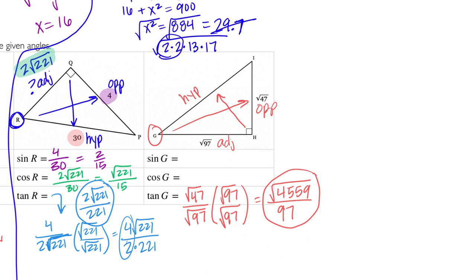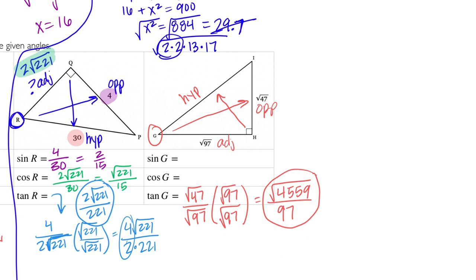That's what tangent is, but we can't leave the root 97 in the denominator. So we multiply it top and bottom. And on the bottom, root 97 times root 97 is a normal 97. And on the top, root 47 times root 97 is root 4559. And that root can't simplify because this is a prime number and this is a prime number. There's no other numbers to break it down into.